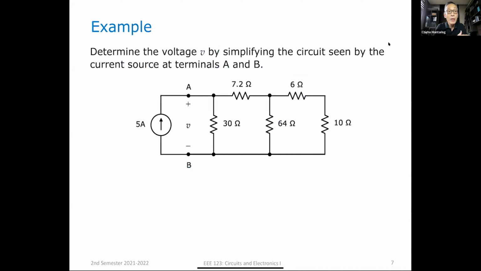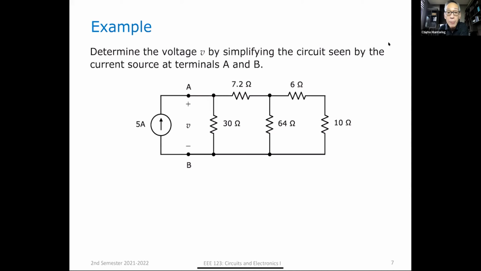Okay, here's an example. Determine the voltage V by simplifying the circuit seen by the current source at terminals A and B. So this is a classic circuit simplification problem. I have a current source, and the only thing that I have to determine is this voltage. Right?